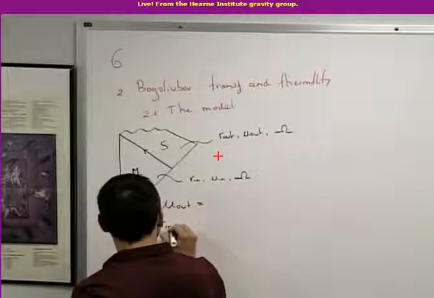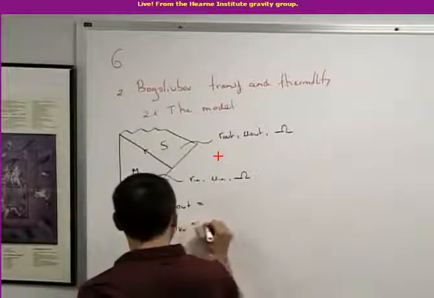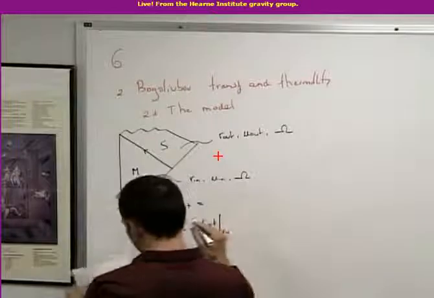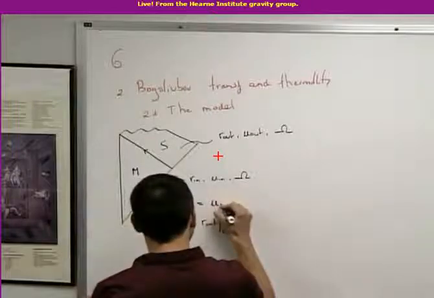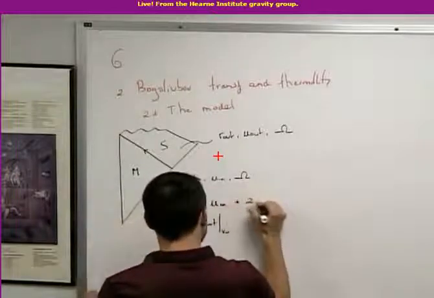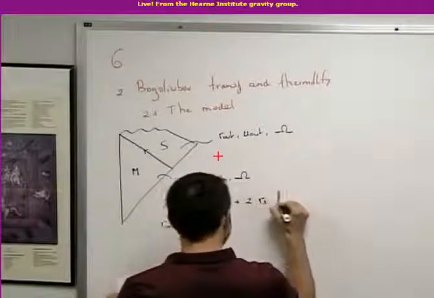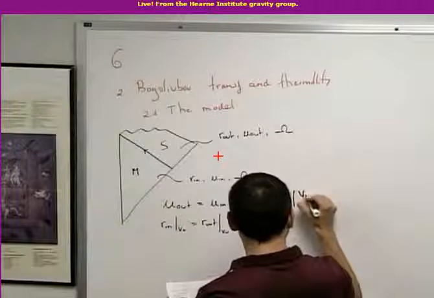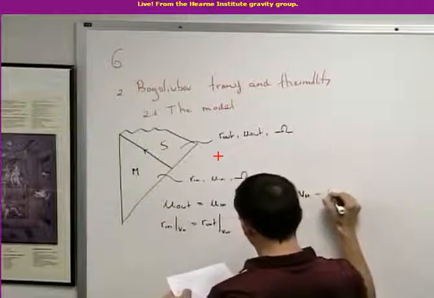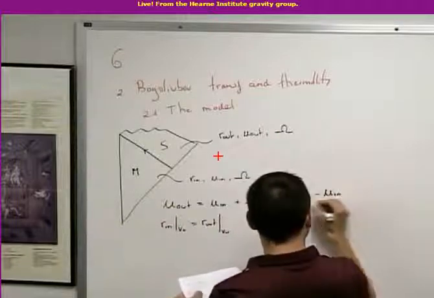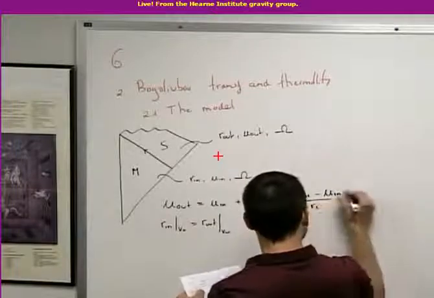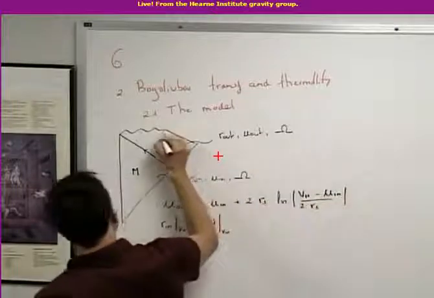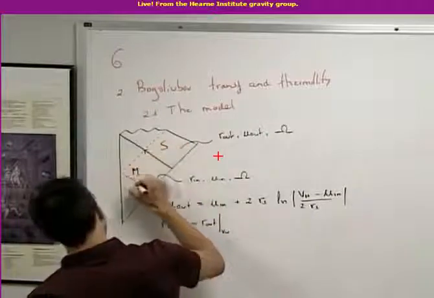R in at V naught has to be equal to R out at V naught, and from that we obtain that the relation between the u's has this log, which is going to be quite important for Hawking radiation, where VH is just the null ray that forms the horizon.